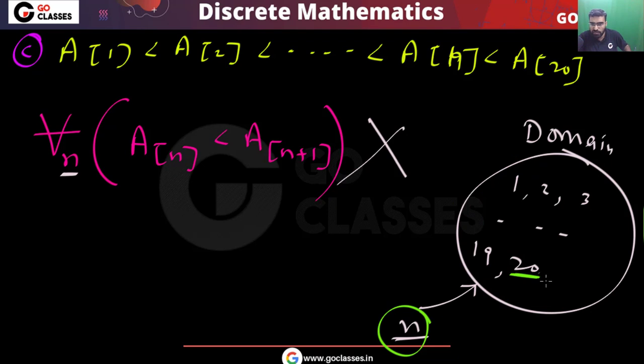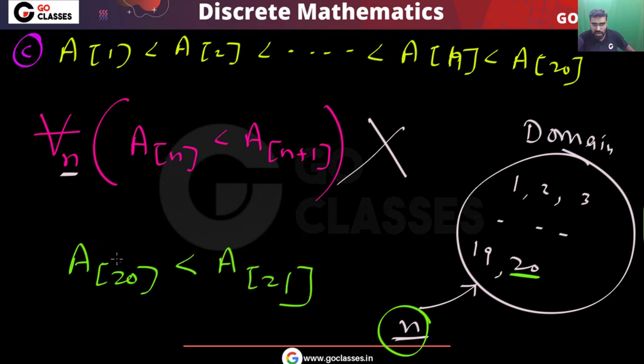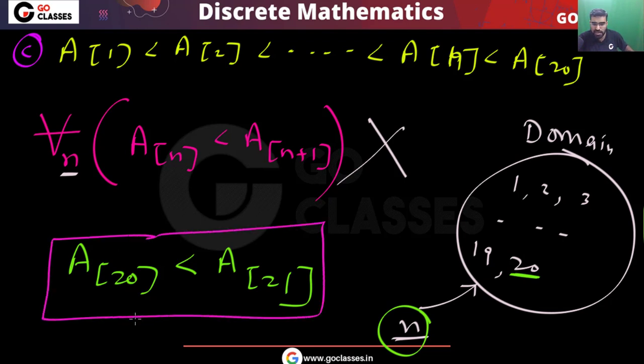So when n takes the value 20, we are saying that a20 is less than a21. But this is invalid. This is not even an element in the array.